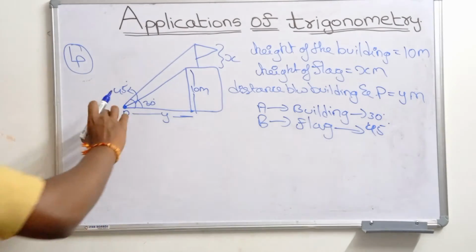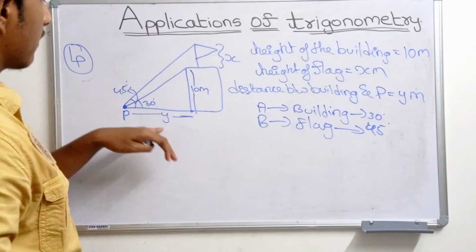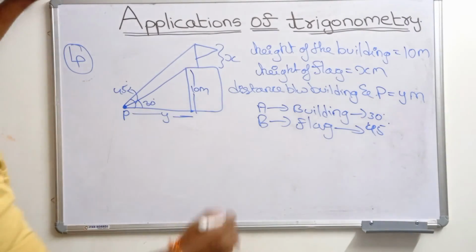Now first I am going to solve the triangle of the building, so I can get the value of y. Then I will go with the next one.